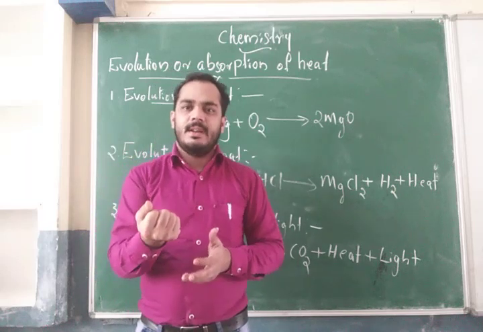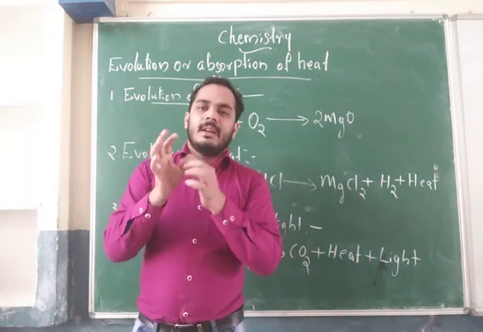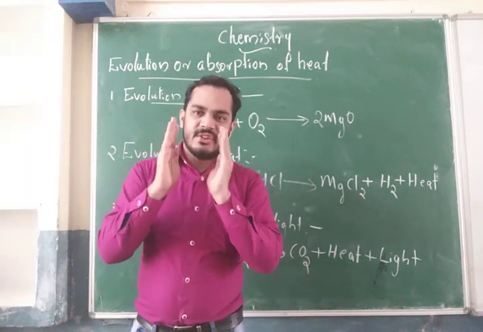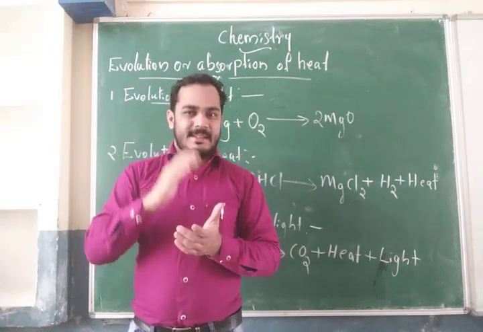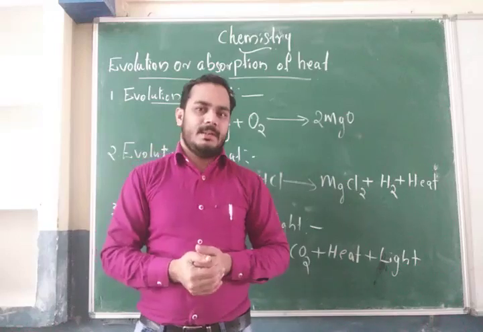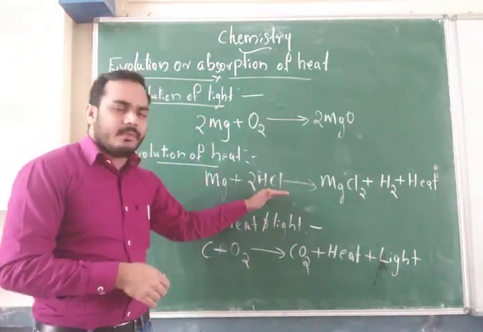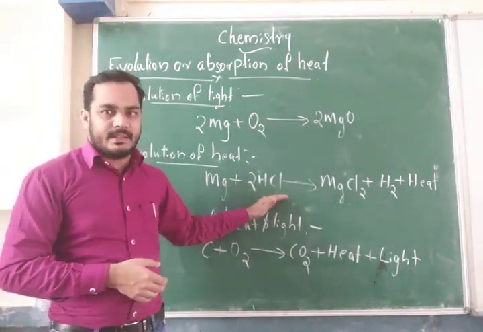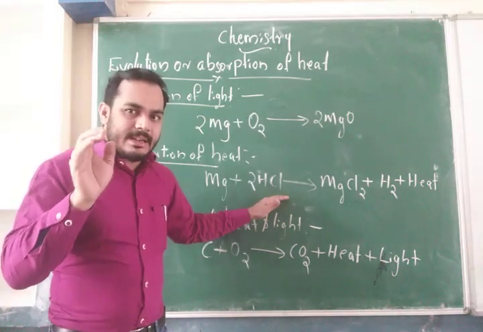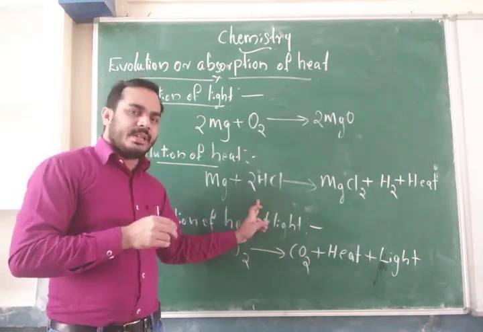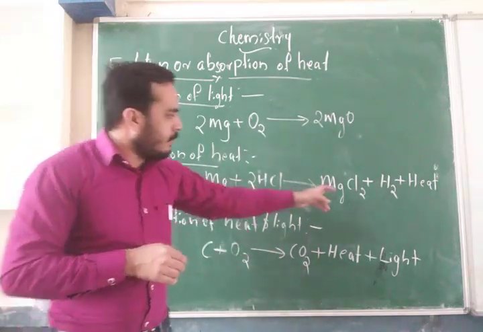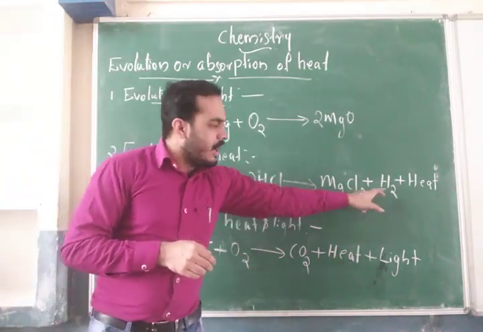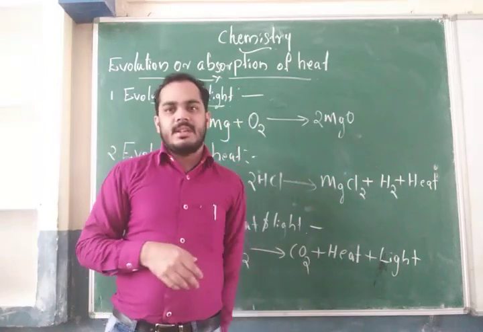It is easy to identify: we feel the heat, the test tube gradually increases in temperature. Okay, so it is the best example for the evolution of heat energy. What are the reactants in this reaction? Magnesium and hydrochloric acid. What are the products? Magnesium chloride, hydrogen and heat energy.